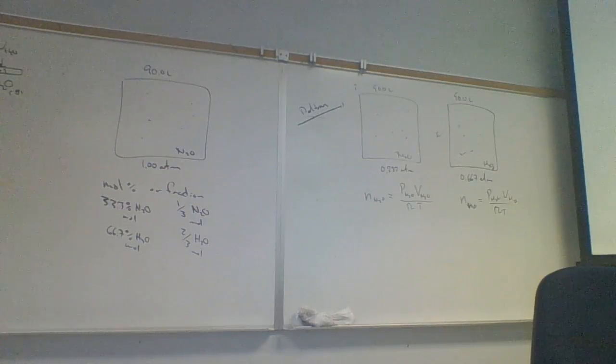Either way, I'd get the same answer because both products are produced stoichiometrically. So either one or two, but not both. One or two. Could do that. That's if we visualize this as a Dalton's mixture.